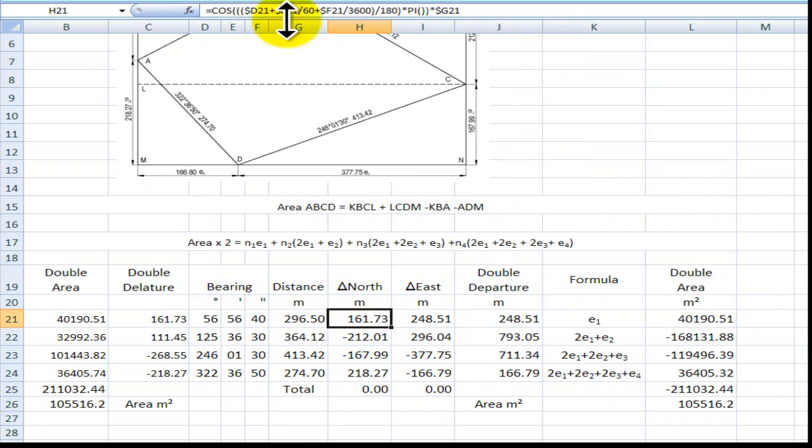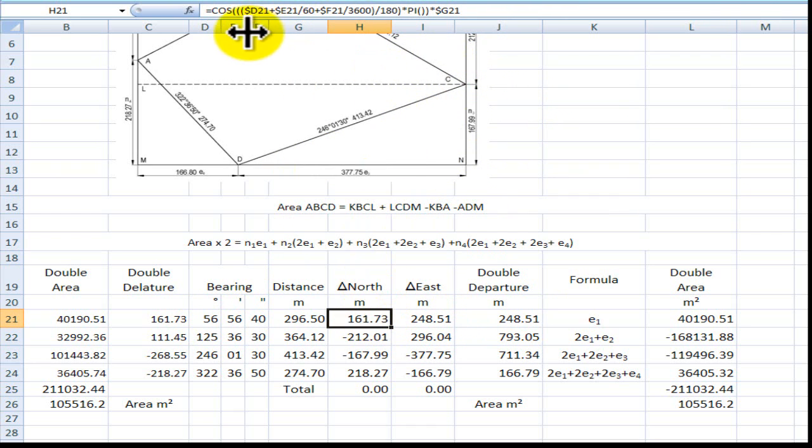That enables me to get Excel to calculate these values for me, by converting these into radians and then taking the cosine to get the delta north and the sine to get the easting. You might be able to see the formulas that I've keyed in up here.